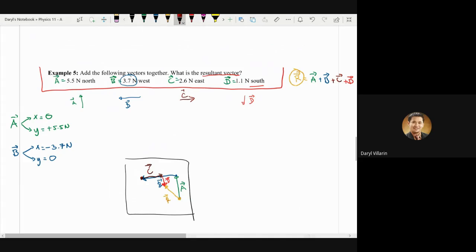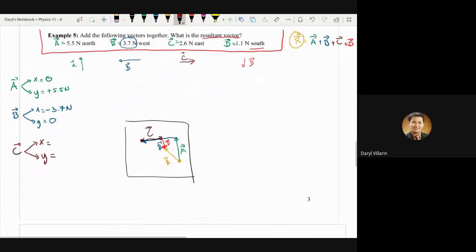Now for vector C, I will break it down to its X and Y components. The X component is positive 2.6 newtons, but the Y component is 0 because, again, it's lying along the X-axis, so that line has 0 Y component.